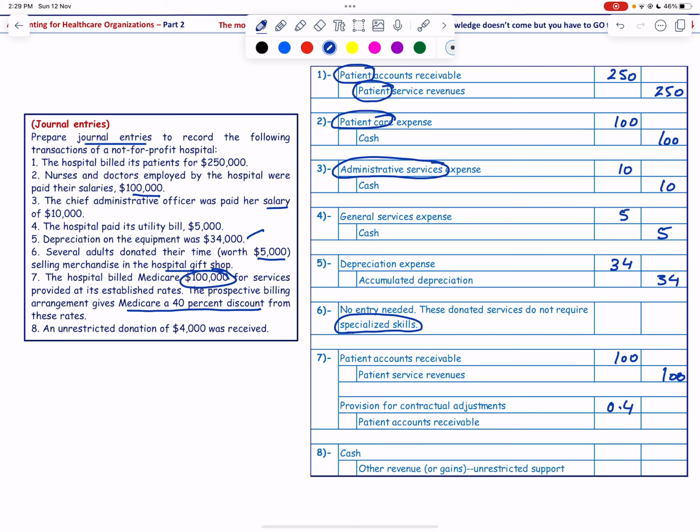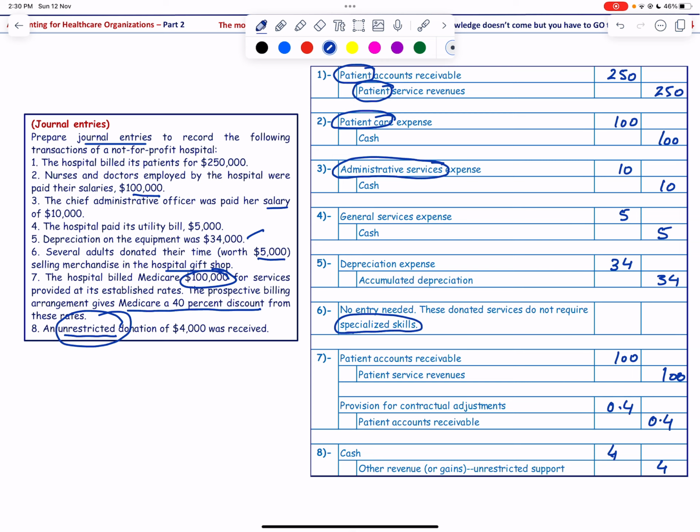So provision for contractual adjustment is debited by 40,000 and patient accounts receivable is credited by 40,000. Then an unrestricted donation of 4,000 was received. So we are receiving cash. So cash is debited by 4,000 and other revenues or gains, unrestricted support, is credited by 4,000.